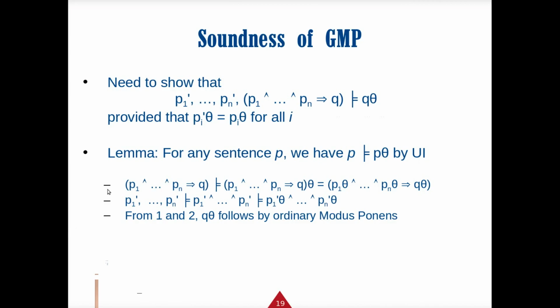We can basically apply these different things, where this on the left implies this on the right theta, and then we work this in. And then we have the same thing with the prime values, and then 1 and 2, Q theta follows by ordinary Modus Ponens. So basically it's saying, okay, if this is true and this is true, we probably have a generalized MP.